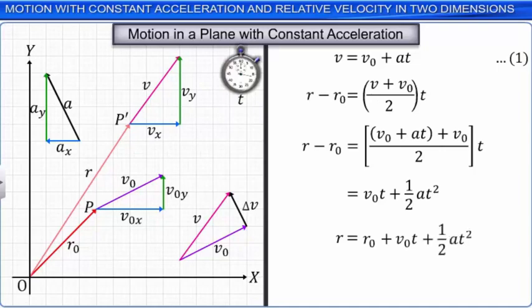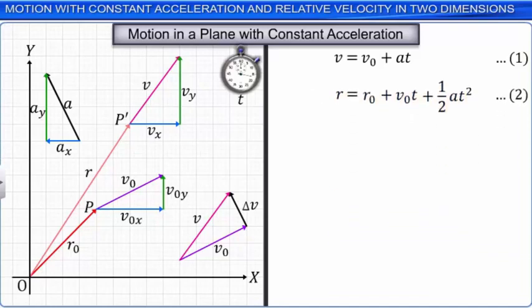Equation 2 can be written using its components as x is equal to x0 plus v0x into t plus half axt square and y is equal to y0 plus v0y into t plus half ayt square.